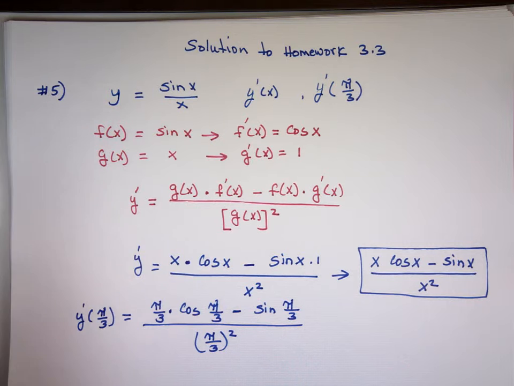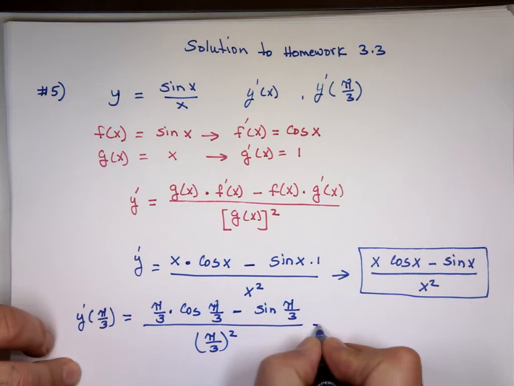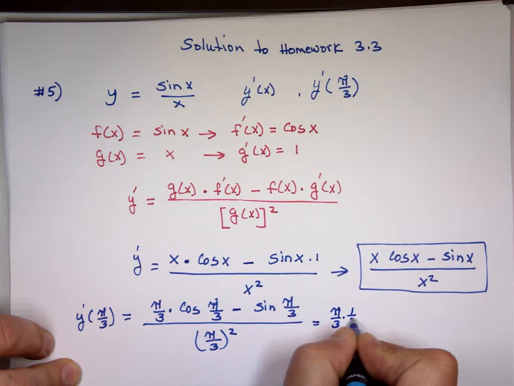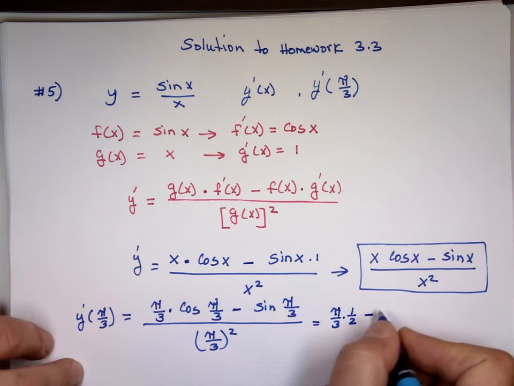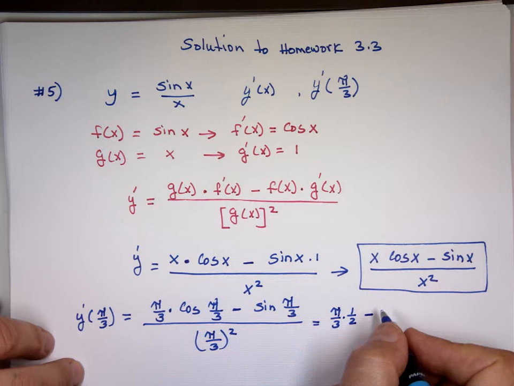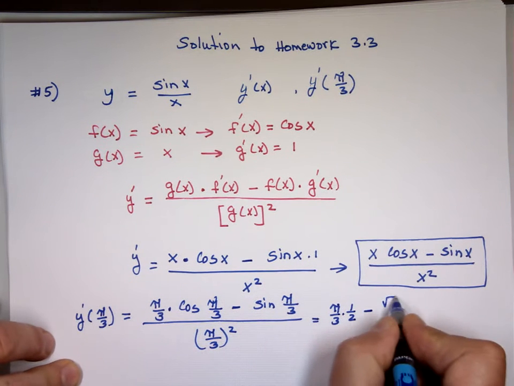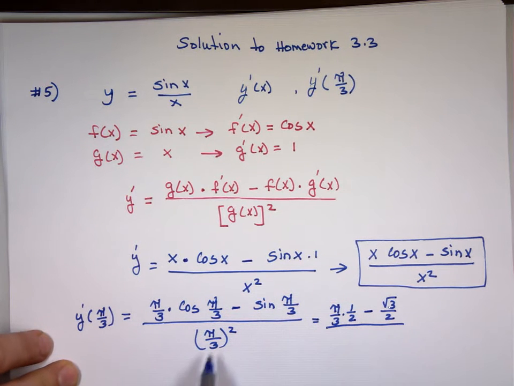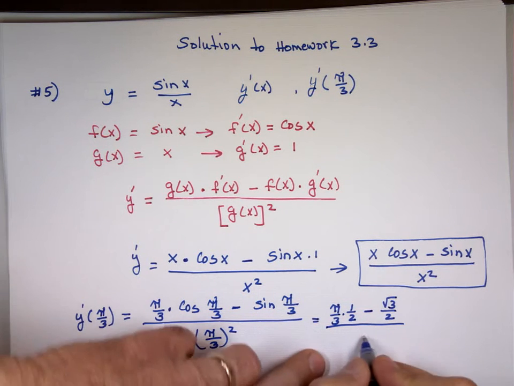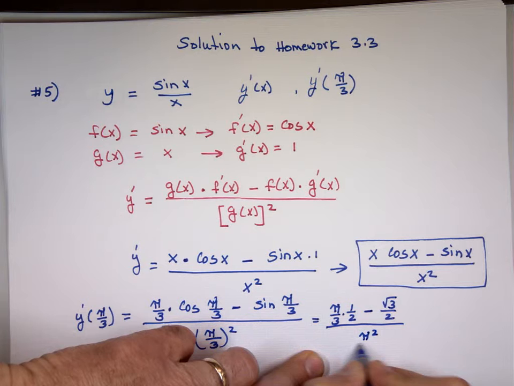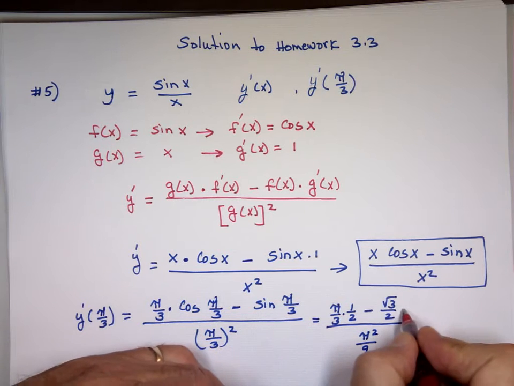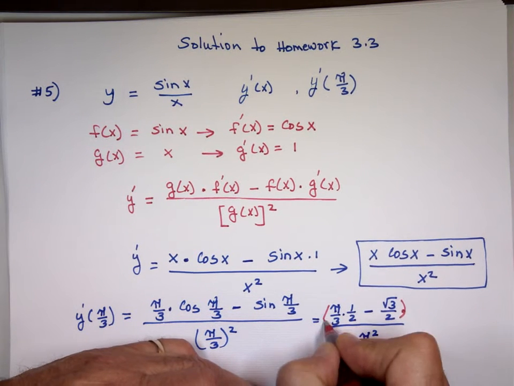The cosine is 1/2. So this is pi over 3 times a half minus the sine of pi over 3, which is the square root of 3 over 2. The whole thing divided by, when you square this one, pi squared over 9. The easiest way to clean this is to multiply the big fraction, the top and the bottom, by 9.